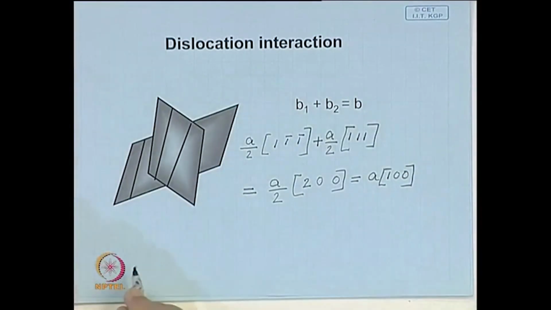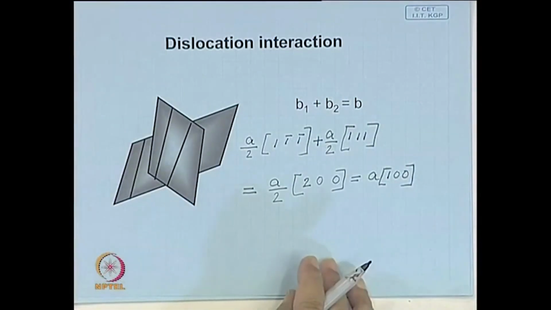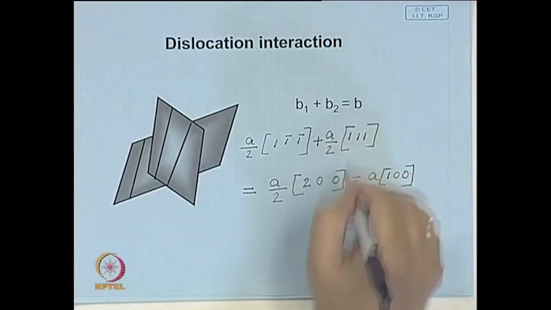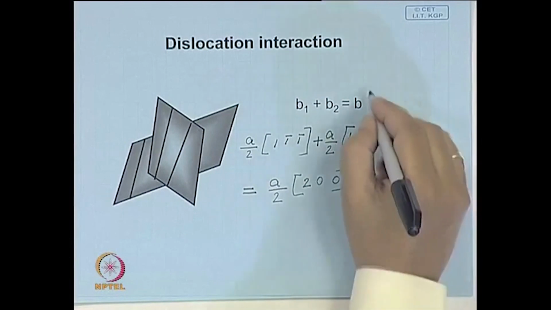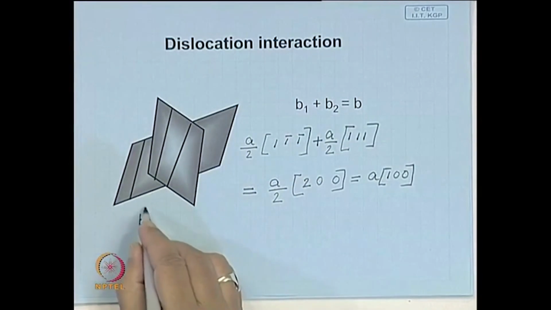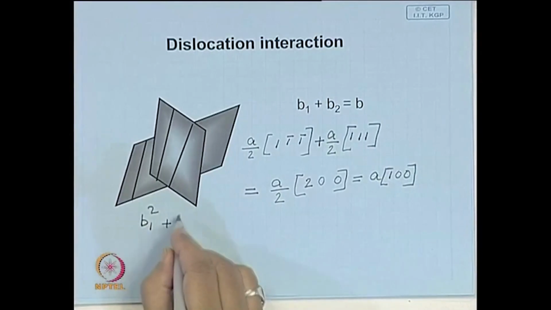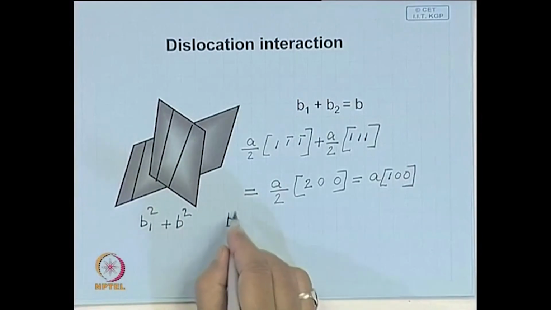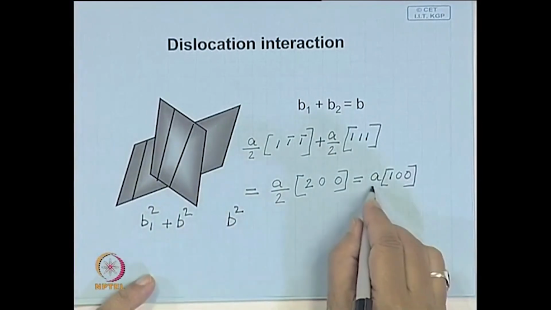Now, will this reaction be energetically favorable? How do you know? This you can find out, that b square is the energy. That means what you have to find out is b1 square plus b2 square, and compare it with b square. Now, b we have found out is this.